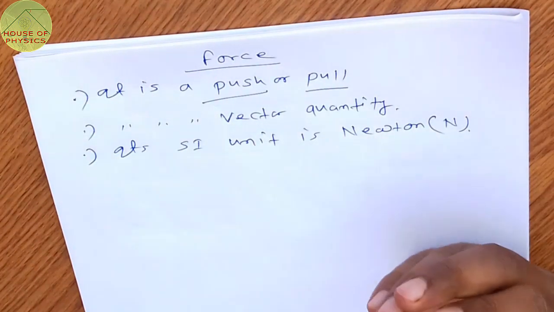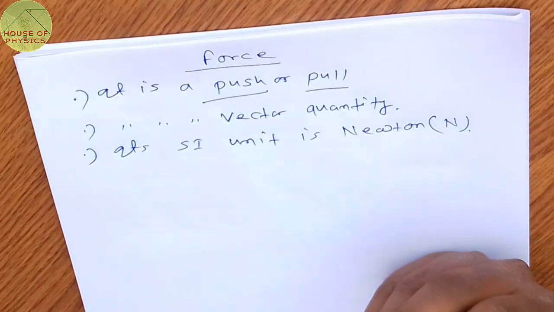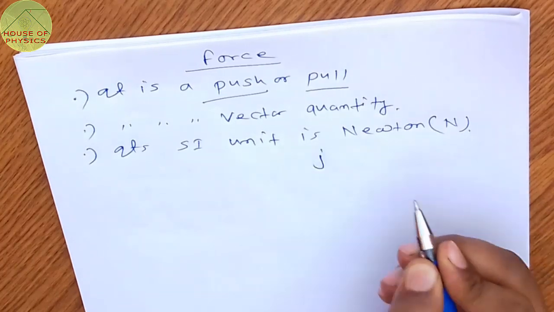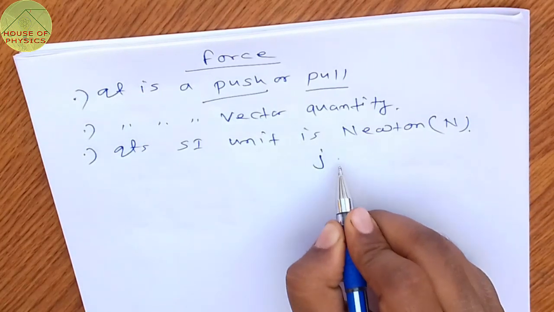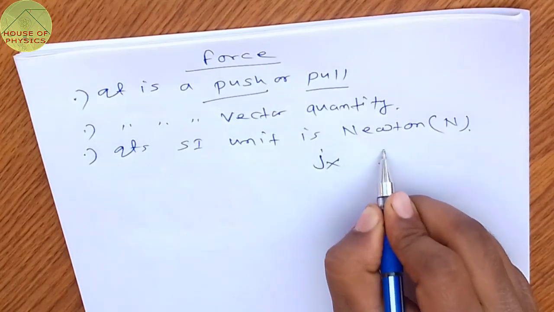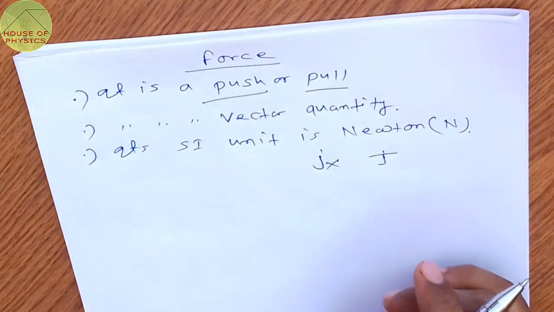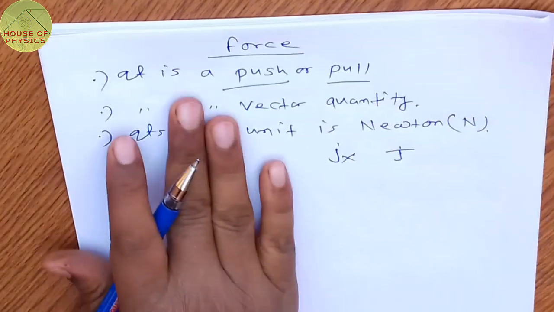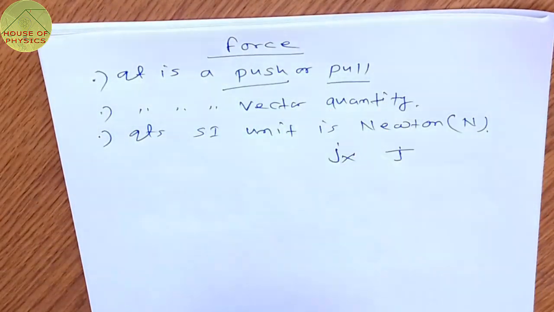For example, the unit of work is joule, and we will not write a small j, but we will write it as capital J. This is the representation method. So this is a very basic thing about the unit and dimension. So this is overall the basic introduction of forces.